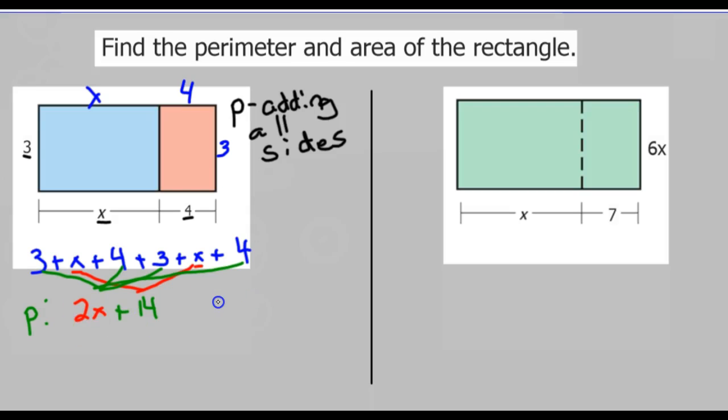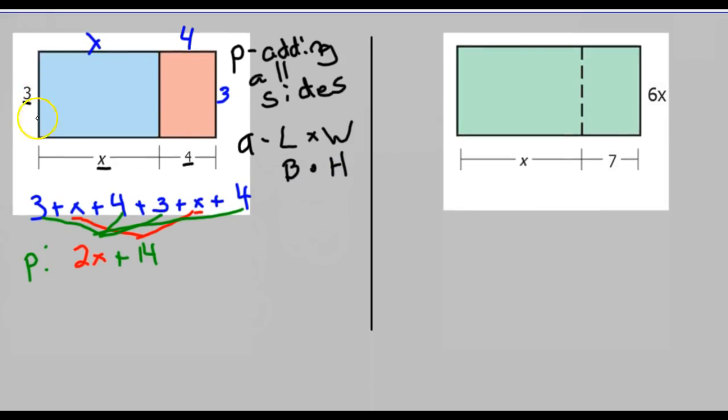Now when we're looking for area, area is a little bit different. We're using multiplication instead of addition for area. So area is usually described as length times width, or sometimes people say base times height. Now what we have on this rectangle here is our width, sorry, this is our width, is 3.